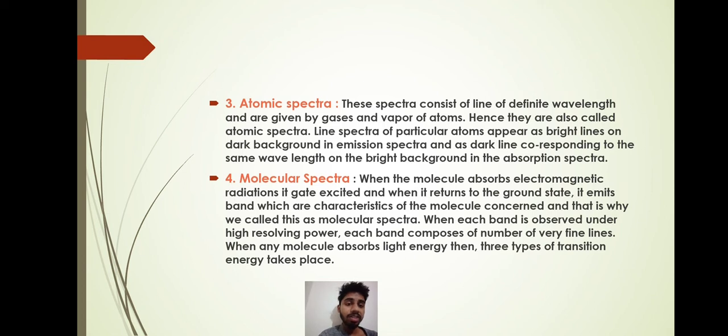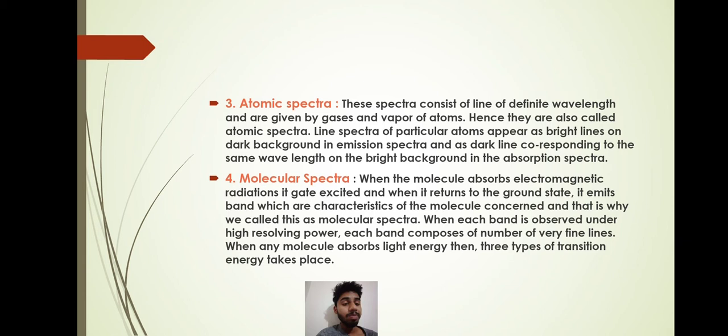Next is the atomic spectra. These spectra consist of lines of definite wavelength, and these are given by gases and vapors of atoms. Hence they are called atomic spectra.